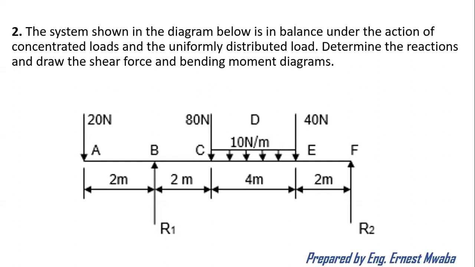So the second part we're looking at today is the combination of uniformly distributed load as well as point loads. Now this is called a UDL because what you can see there is a load which is not concentrated at one point, but it is spread across a distance.